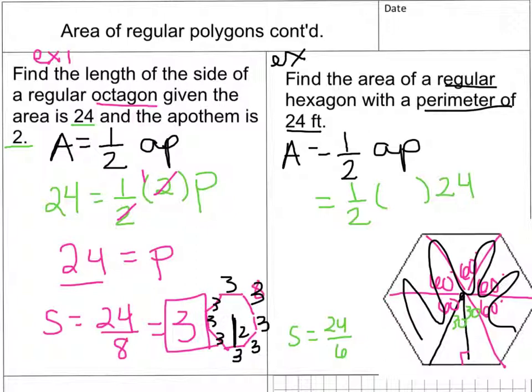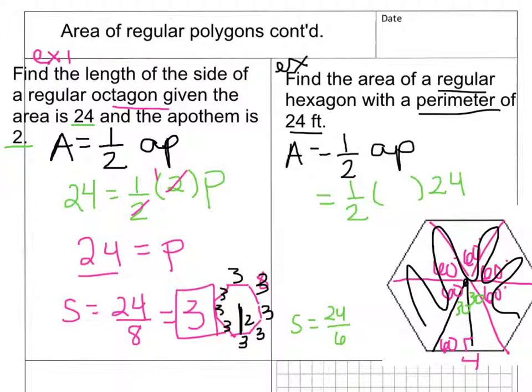If this is a 30-degree angle, then what's this angle right here at the bottom? It's got to be a 60. So this is where we use our 30, 60, 90 formula. Now remember, each side was 4.